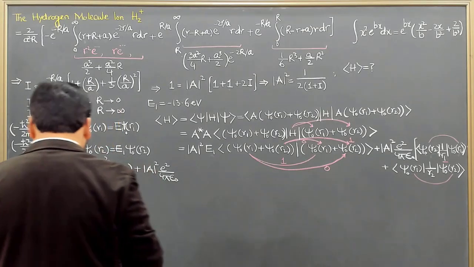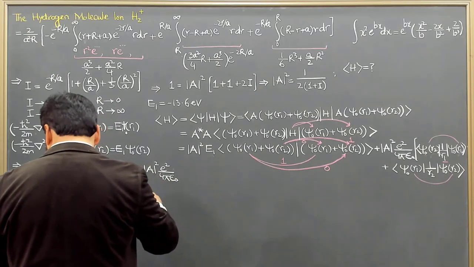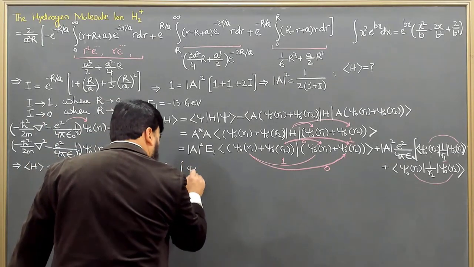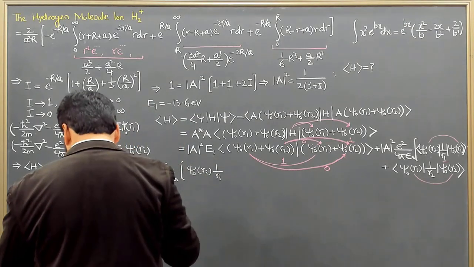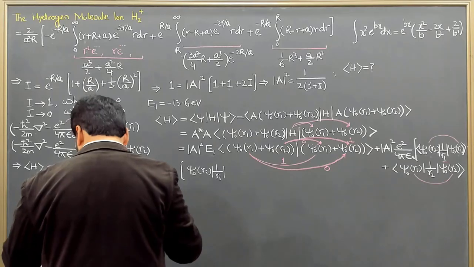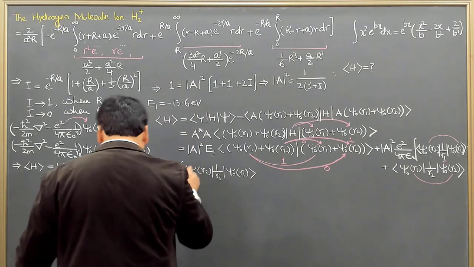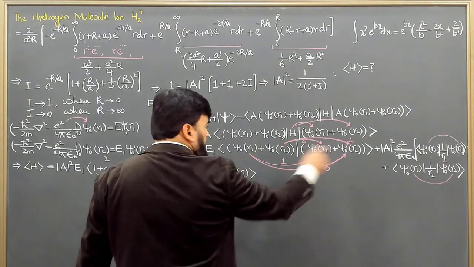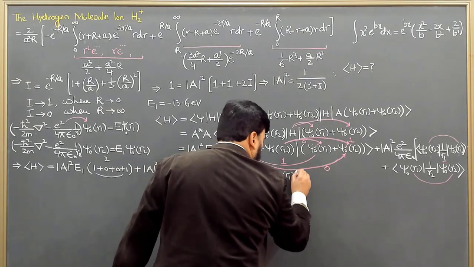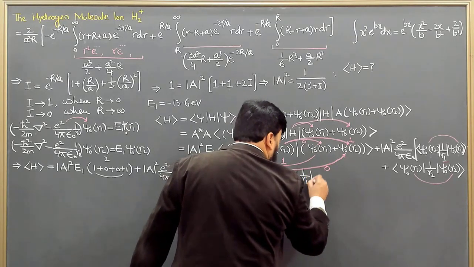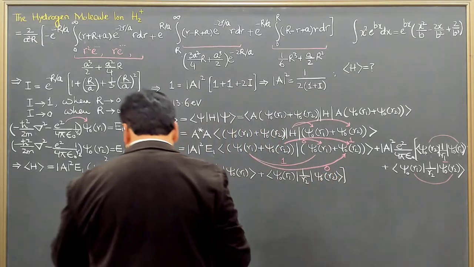So this is 2a square E1, and then a mod square e square over 4 pi epsilon naught, and psi naught R2, and 1 over R1, and this in the bracket notation I will have to write psi naught R1 here, and then plus the plus symbol here, and psi naught R1, then 1 over R2, and psi naught R2 here, and close this bracket here.